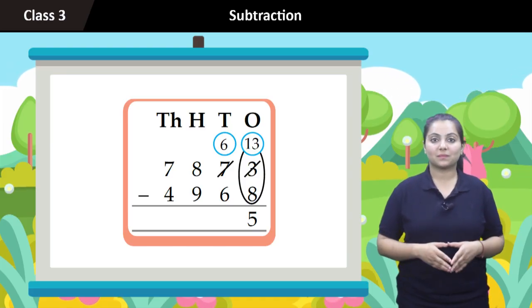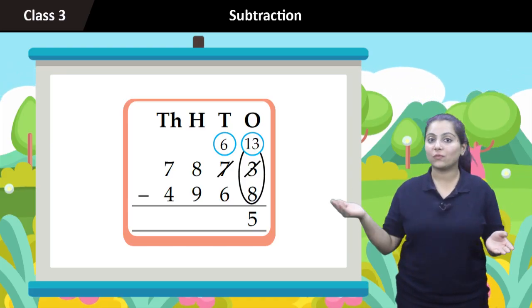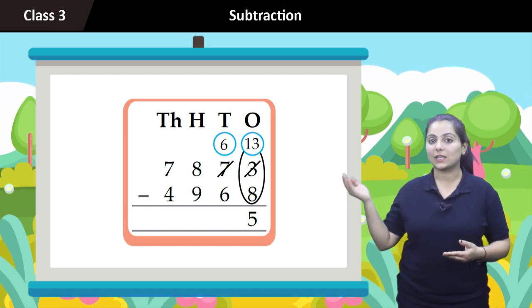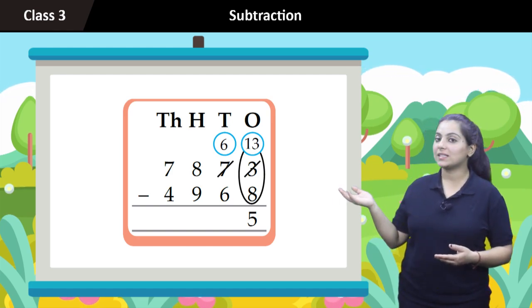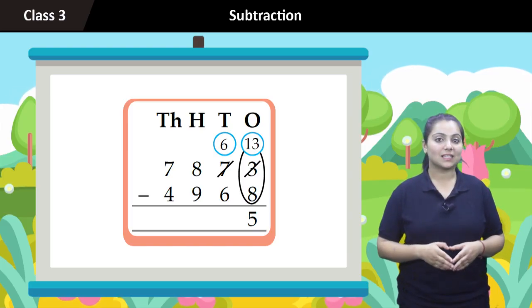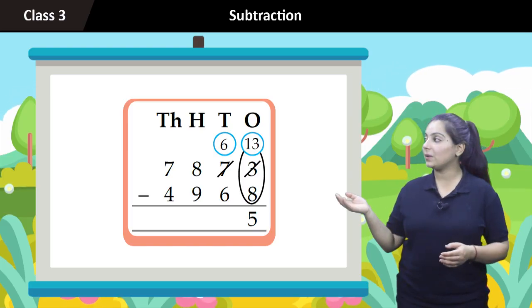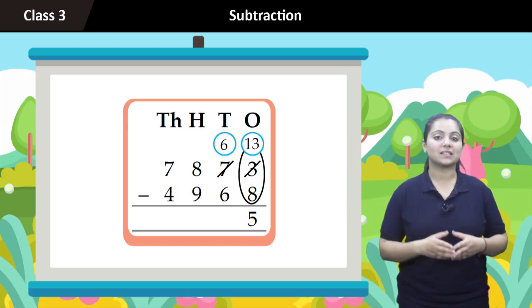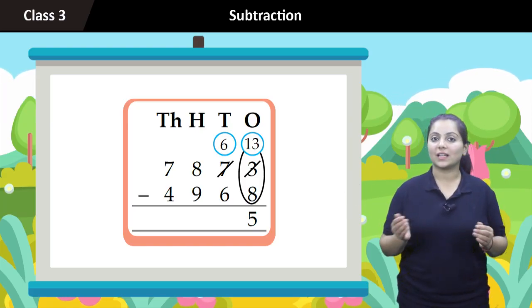Subtract the ones. As we cannot subtract 8 ones from 3 ones, we borrow 1 ten from the tens column and regroup the ones column. As 1 ten plus 3 ones is equal to 10 ones plus 3 ones, that is equal to 13 ones.